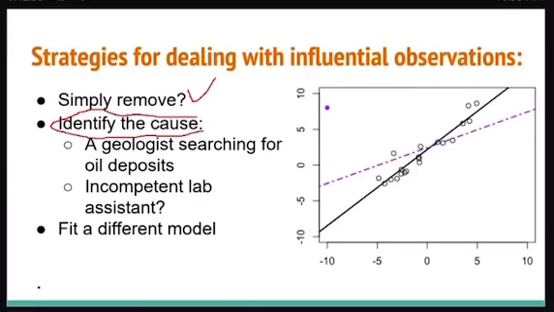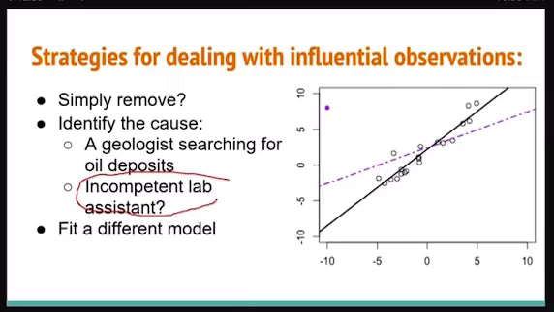Now, do you know that a cause of outlier could be incompetent lab assistants? For those of you who are making recordings, maybe the lab assistant did not set up the equipment the right way, and then definitely there are going to be significant errors in readings.